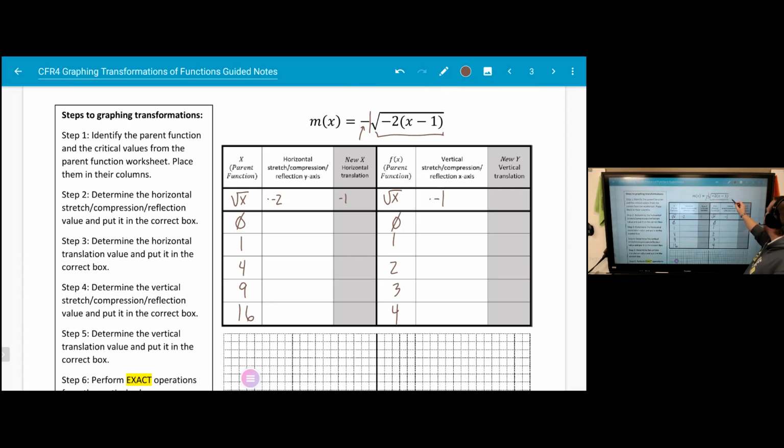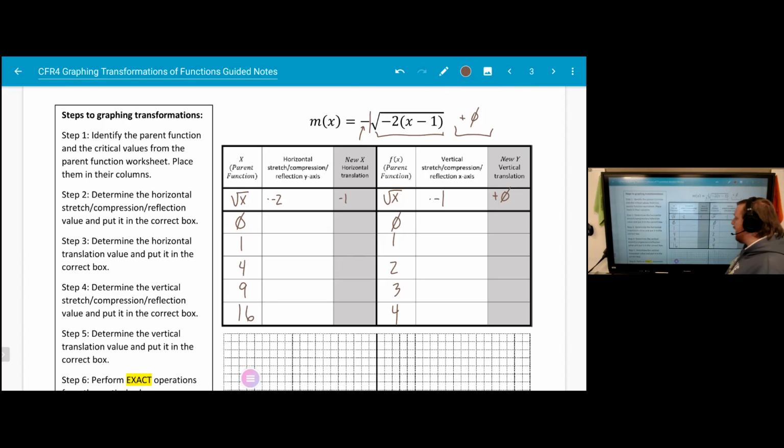And do we have anything adding or subtracting here to make it go up or down? No, we don't. To not change a translation, we're going to say +0. We're going to add nothing. When you're not trying to change a stretch, compression, or reflection, it's just multiplying by 1. If you're not trying to change a translation, up or down or left or right, it's just +0 or -0, same thing.